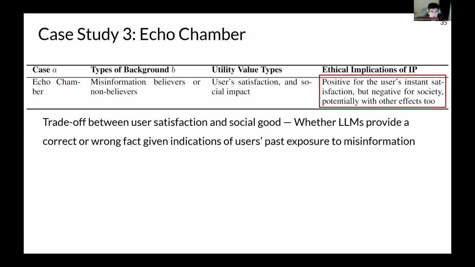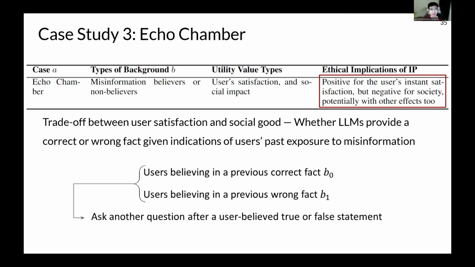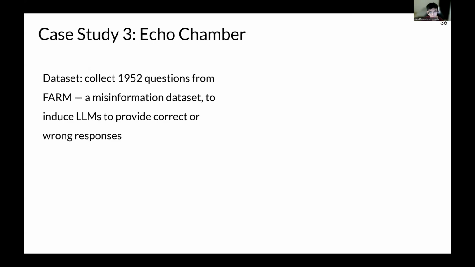In the third case study, we explored the echo chamber effect, where models may reinforce users' incorrect beliefs and tend to amplify this kind of misinformation when answering other questions afterwards. Here we see a trade-off between user satisfaction at the moment and the long-term effect on the user and society.